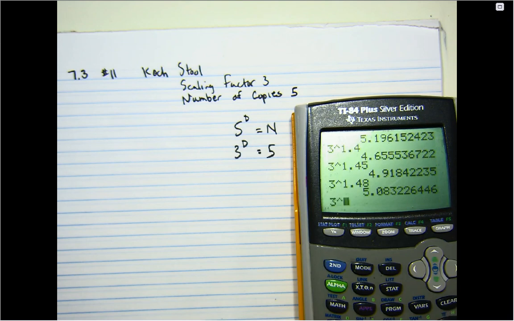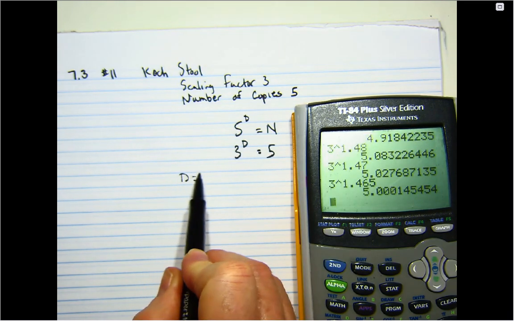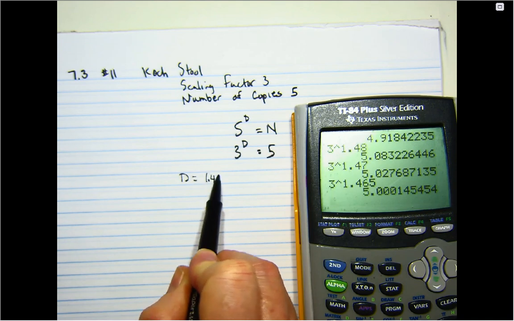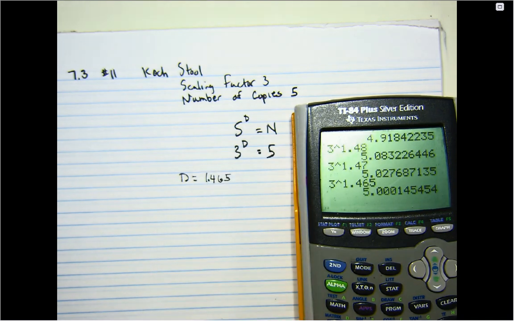So that's too big. It's a little better. About 1.465. There we go. 3 raised to the 1.465. So D is 1.465.